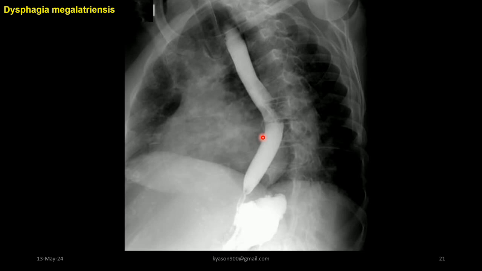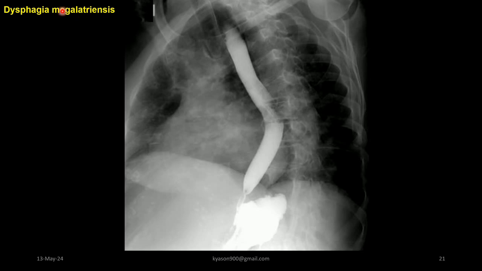So once it is enlarged, it will squeeze the esophagus, and that complication is called dysphagia megalatriensis. Okay, or you can call it cardiac or cardiovascular dysphagia. This patient is going to present with difficulties in swallowing as a result of enlargement of the left atrium.